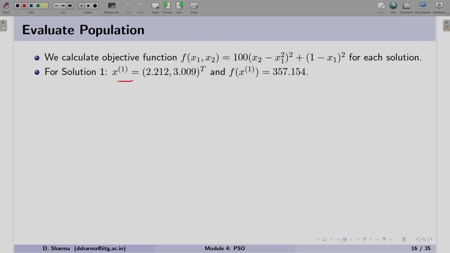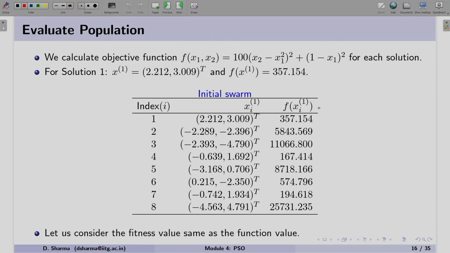For solution 1, we have the x1 and x2 values. We represent them as the column vector of decision variables, put them into the objective function, and we get the function value as 357.154. This process we can repeat for each and every particle so that we can find the function value. You can look at the third column, where the function value of each particle is calculated and reported.